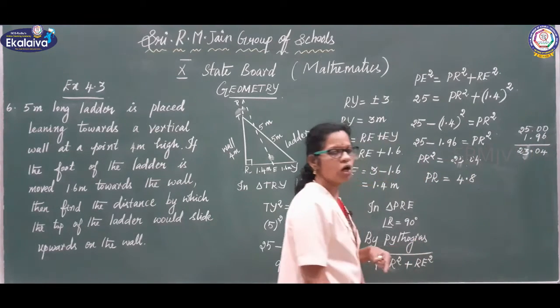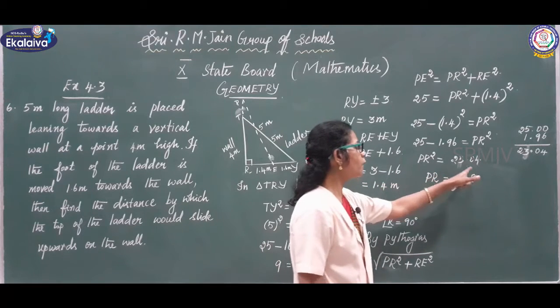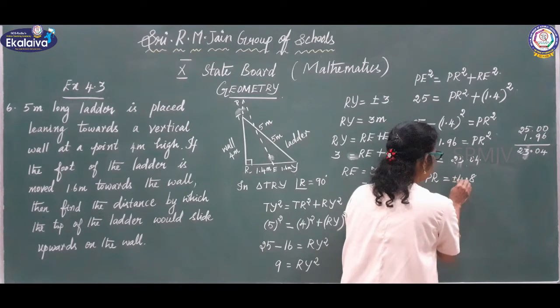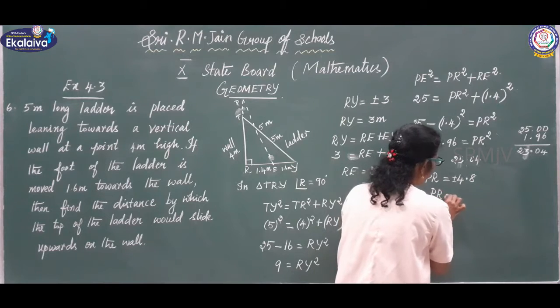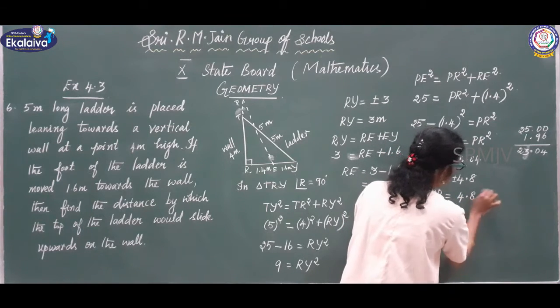PR is nothing but plus or minus 4.8. The measurement cannot be negative, so you get it as 4.8.